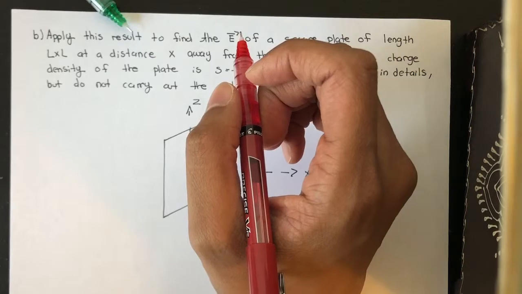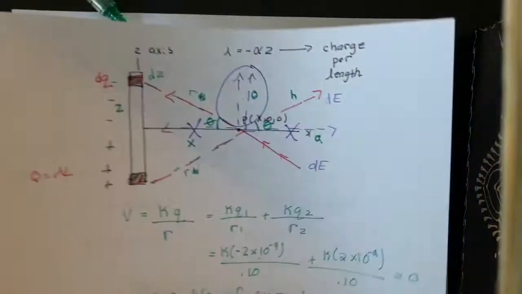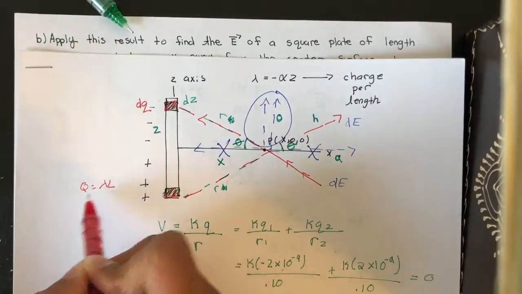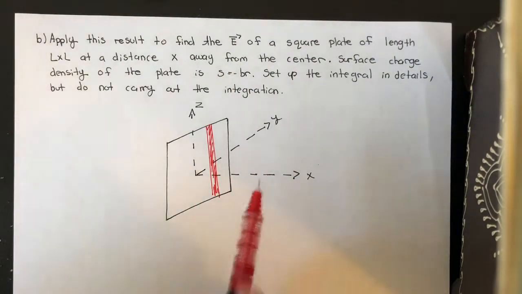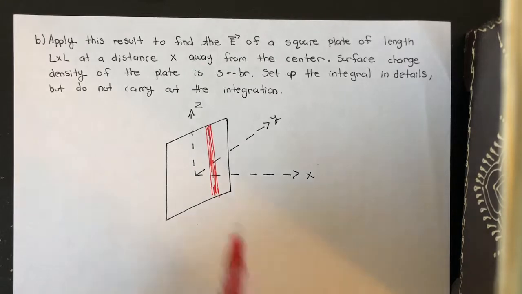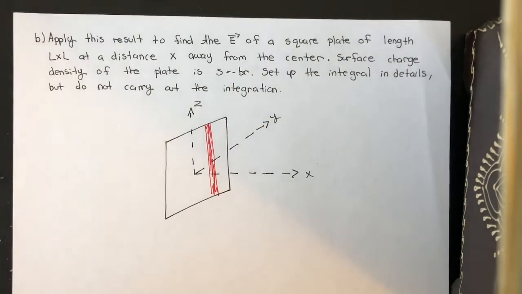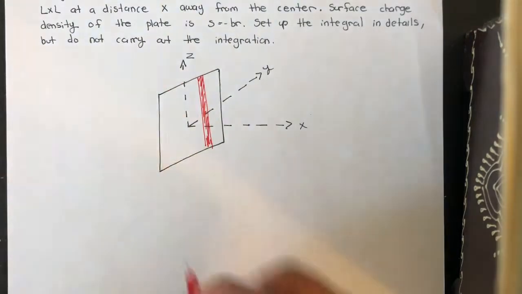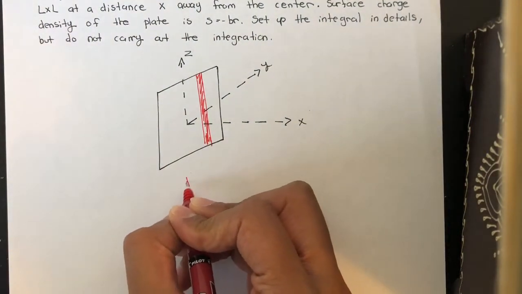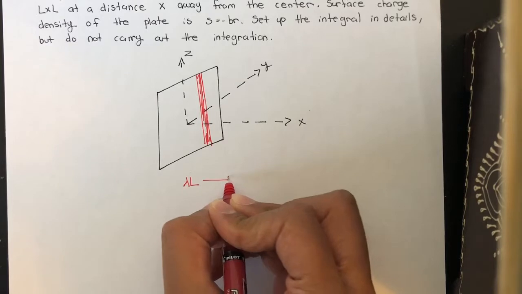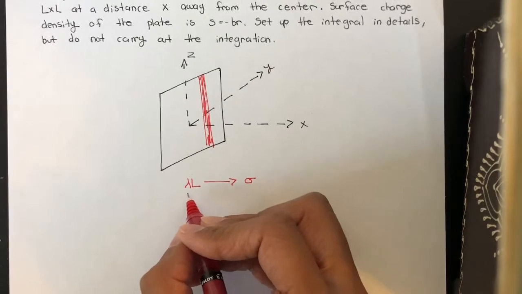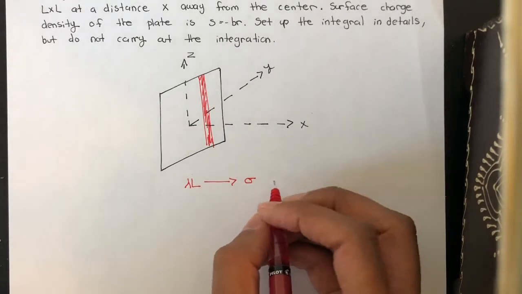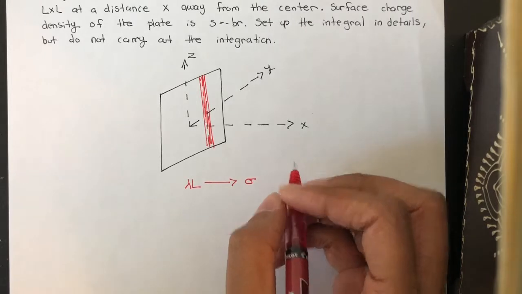Now, in A, our total charge for the infinite line was equal to lambda L. To be able to apply this to the plate, the charge has to be the same. So let's write this out. Lambda L equals sigma, because lambda was from 1D, now we're in 2D, so that involves area, sigma, charge per area.